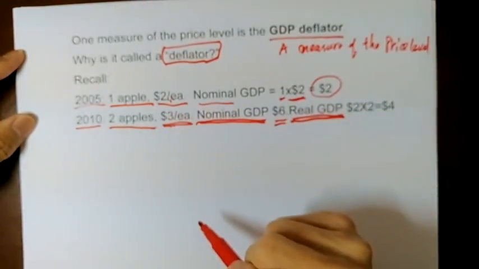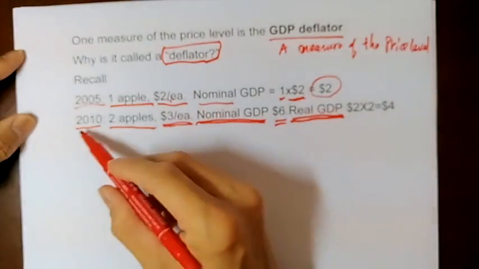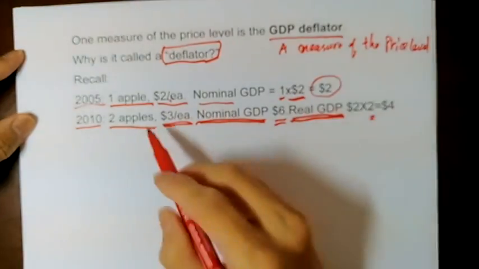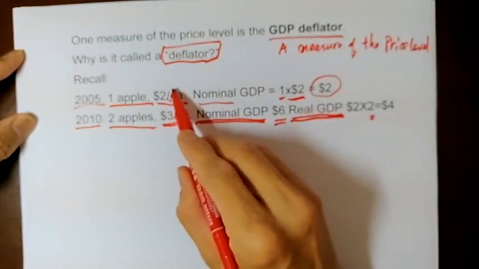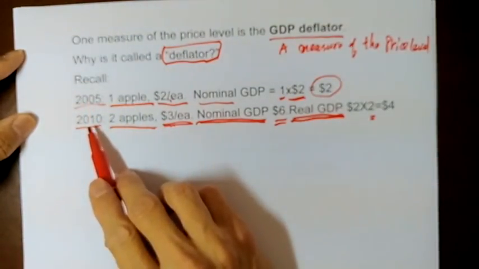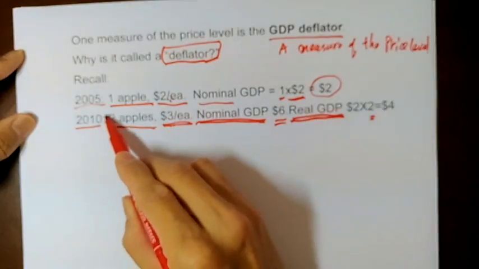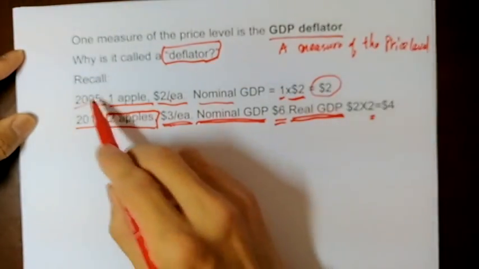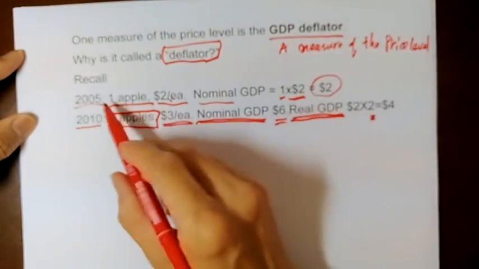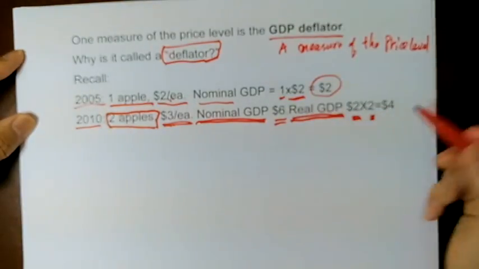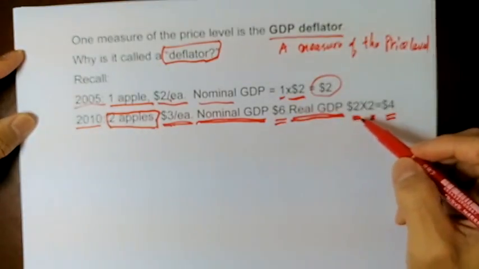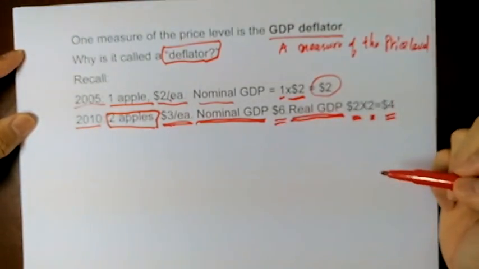That is, in 2010, the economy produces 2 apples, and let's assume that the price of an apple doesn't change from 2005 to 2010. So what is the value of these 2 apples in 2005? These 2 apples multiplied by the price of an apple in 2005, that is $4. So the real GDP in 2010 is $4.